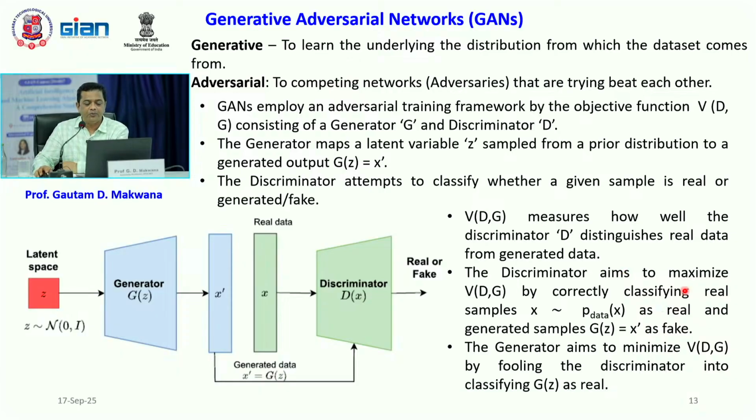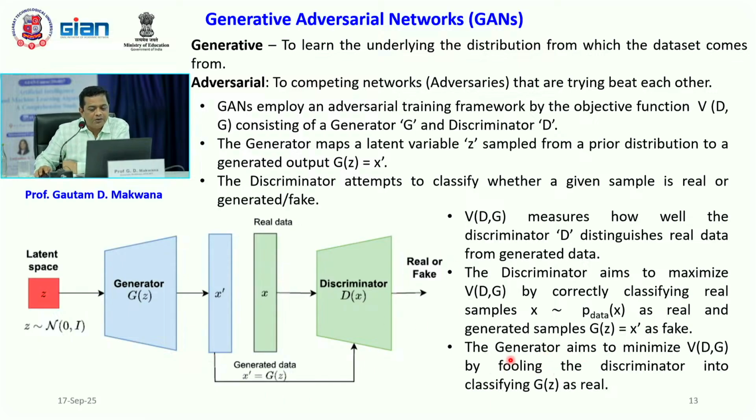The discriminator aims to maximize V of D comma G by correctly classifying the real sample X, that is equal to P data of X, as real and the generated sample G of Z as fake. So the main aim is to maximize this function so that the real data is classified as real and X prime is classified as fake.